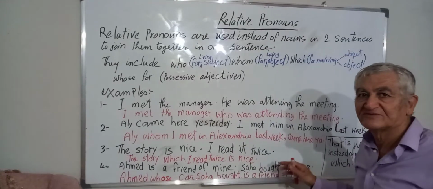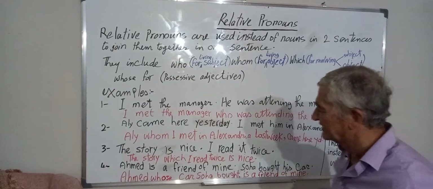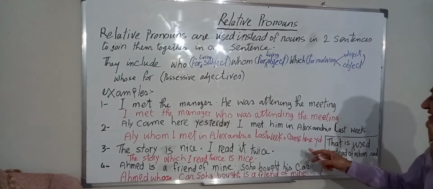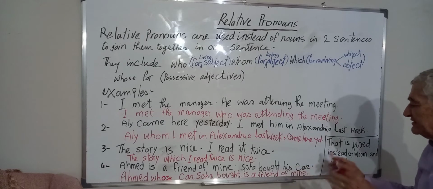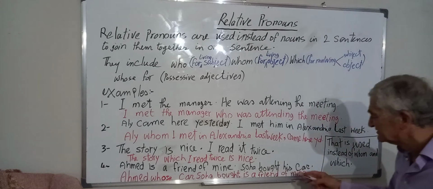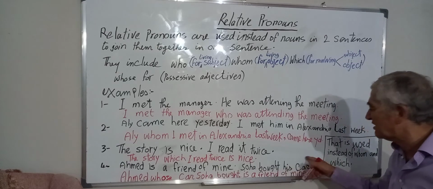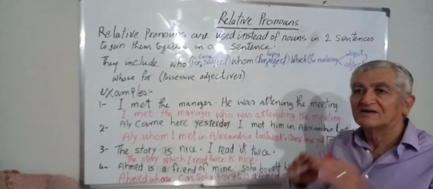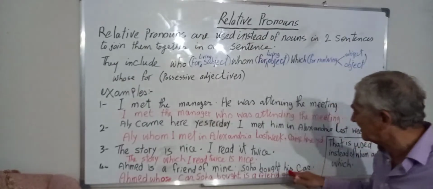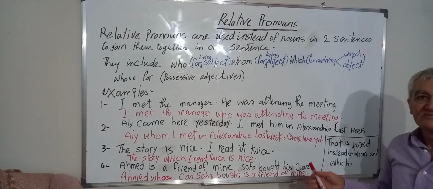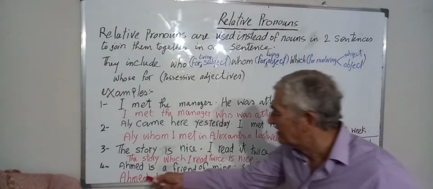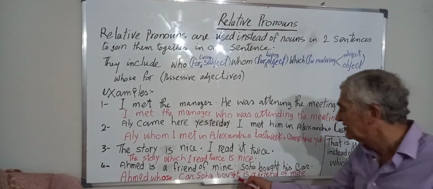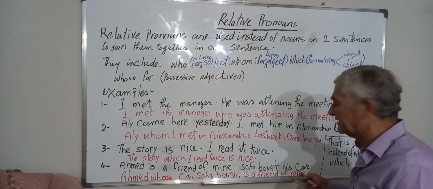For any possessive adjective, we use whose. Ahmed, whose, instead of his. Exactly the same usage. So I say whose car. I can't say his without saying his what. So the same with whose, I must say whose car. Whose what? Whose car. Ahmed, whose car Soha bought, is a friend of mine.